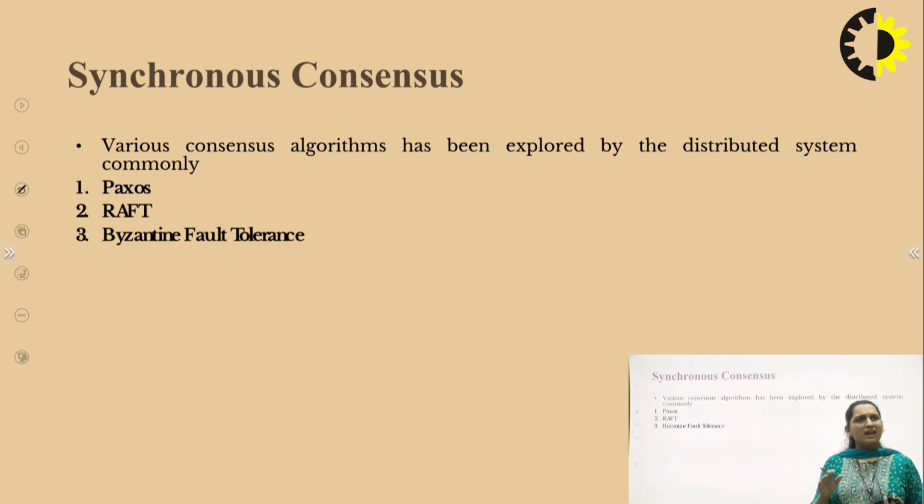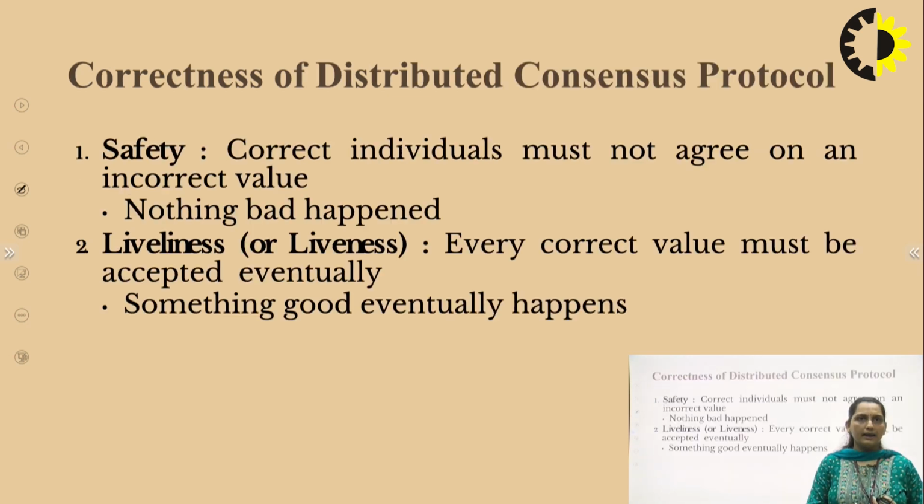Okay, so we are dealing with asynchronous consensus protocols, but not synchronous ones. What is the correctness of a distributed consensus protocol? The first is safety and liveness. For safety, a correct individual must not agree on an incorrect version.